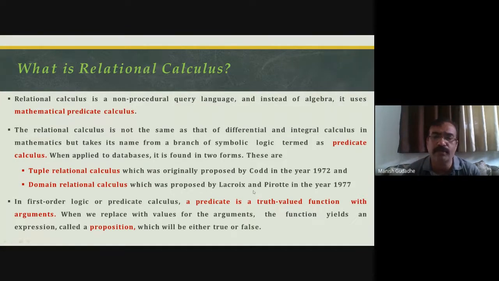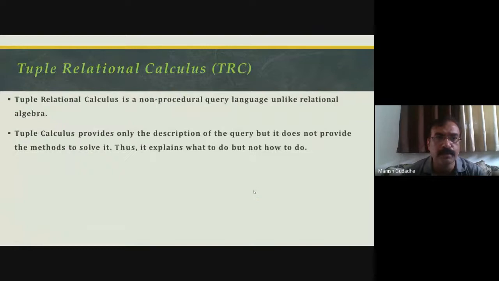Here we replace the values of arguments, and the function yields an expression that is called a proposition, which will be either true or false. If it is true, that tuple will be presented in the output. If it is false, that tuple will be neglected, or the domain will be neglected for that matter. So there are two parts. In today's lecture, we are going to see tuple relational calculus.